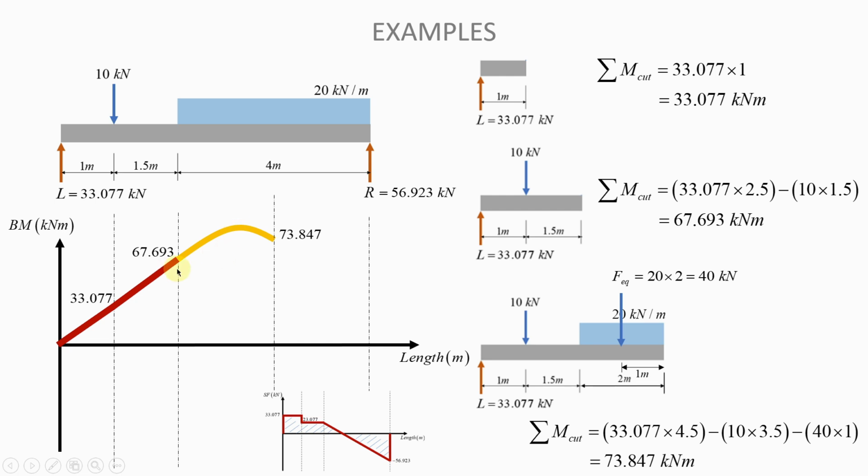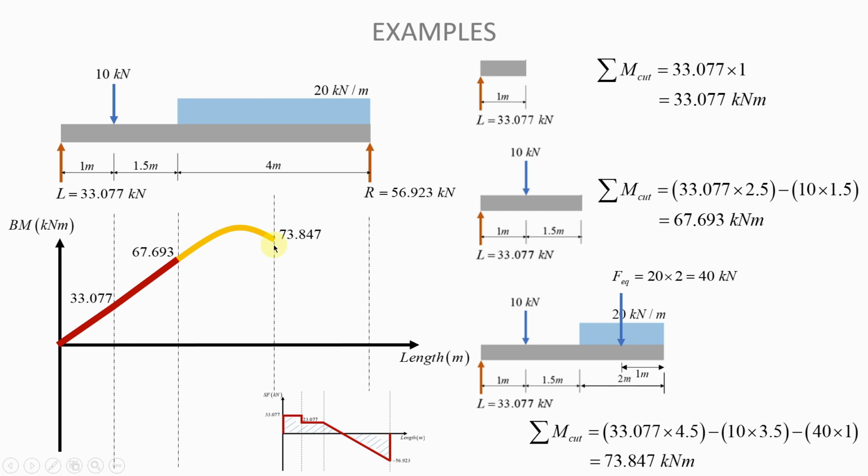So that's why we go up to that maximum, although we don't know what it is, and then we go down to the 73.847 that we have here in the middle of the UDL. So that is the value there.